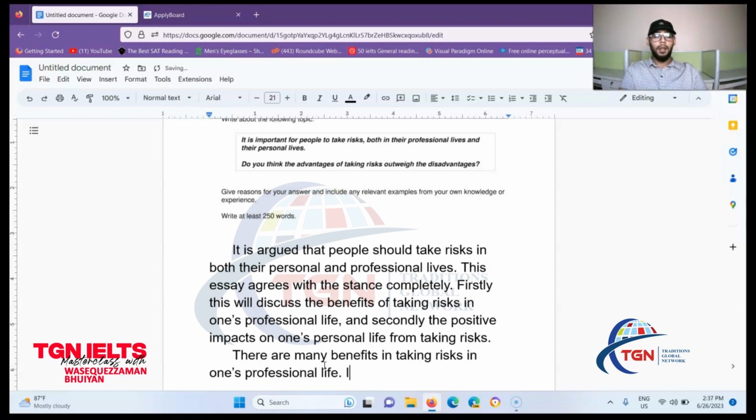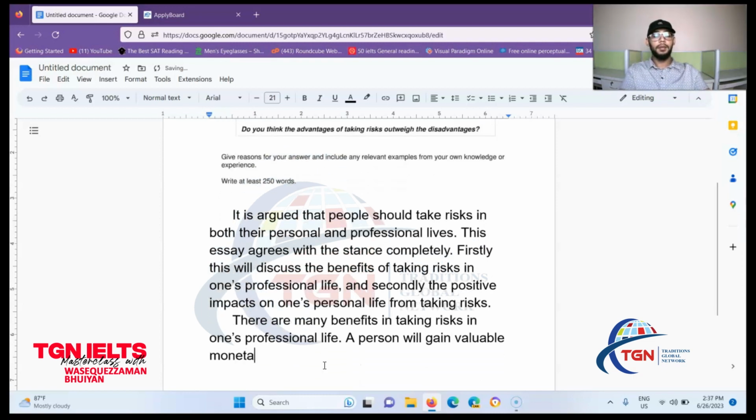A person will gain valuable monetary rewards or other intangible, মানে কি ধরা যায় না যেটা, other intangible benefits by taking risks.